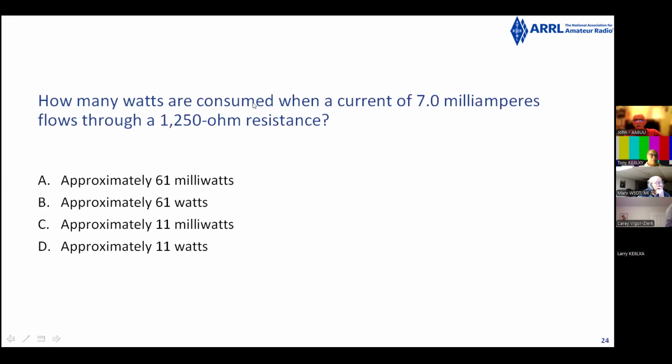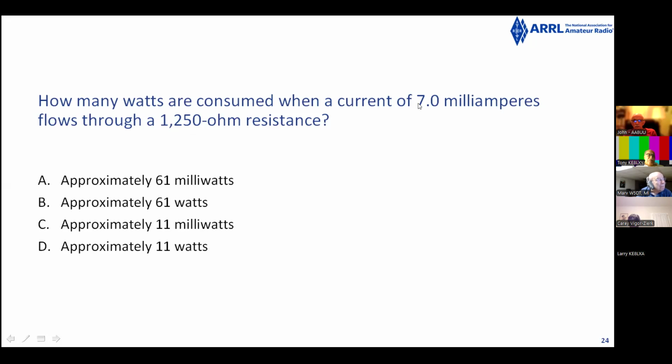How many watts are consumed when a current of 7 milliamperes flows through a 1250 ohm resistor? There's no K's there. Okay, so 7 milliamps would be 0.007 times 1250. I can't do that.